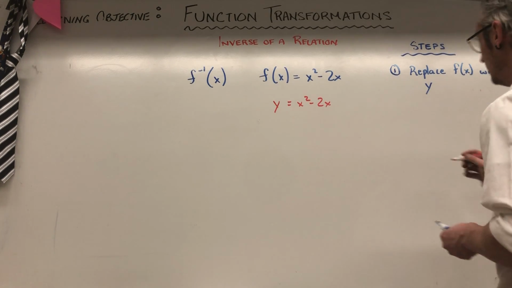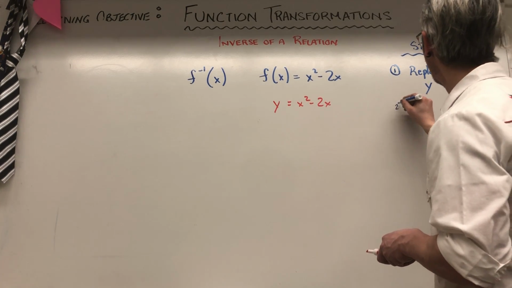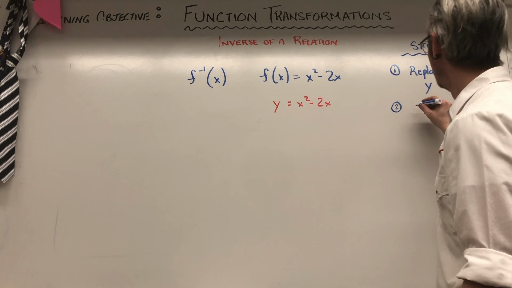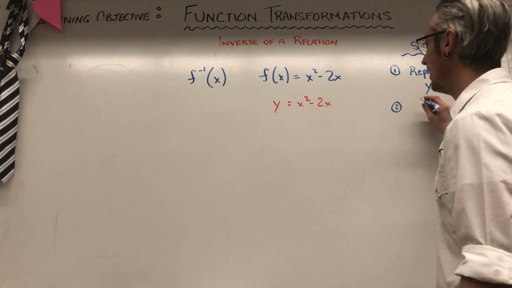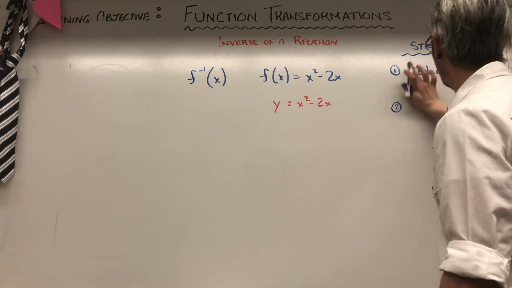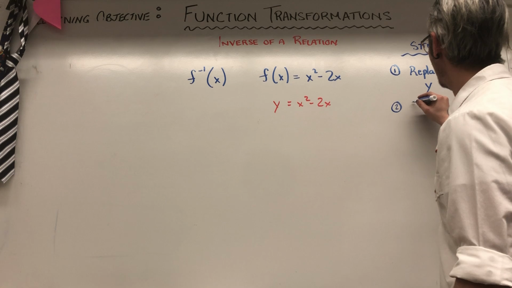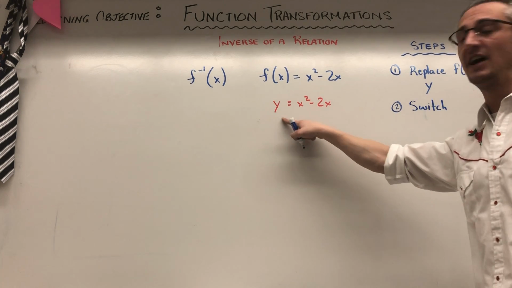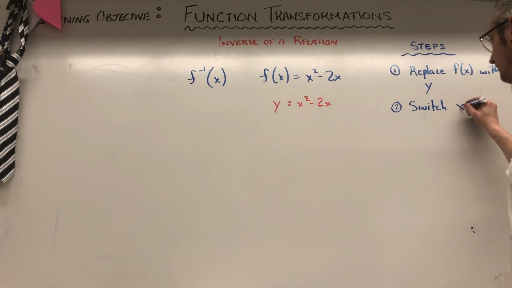Step 2 is to do the old switcheroo. We're going to switch x and y. Everywhere I see a y, I'm going to put an x. Everywhere I see an x, I'm going to put a y.